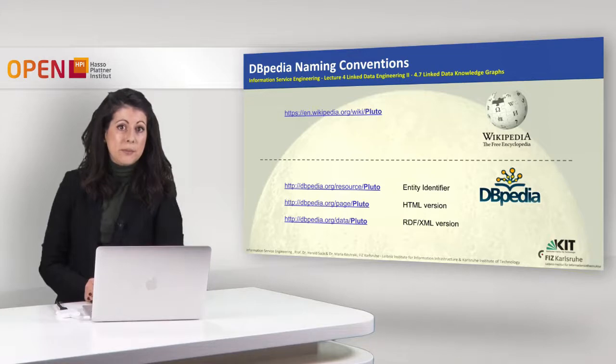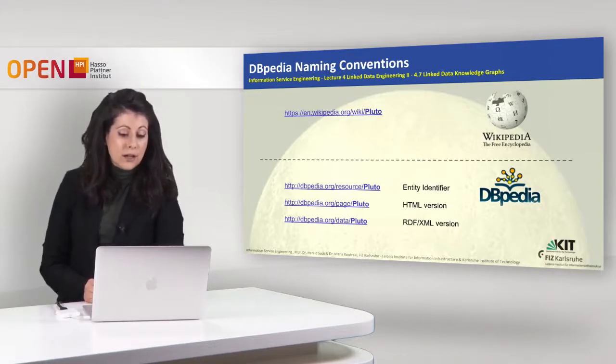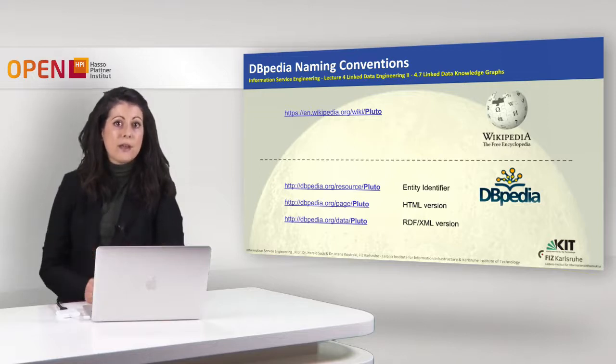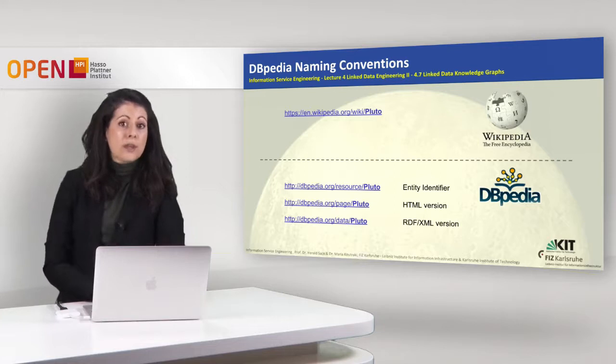What the people at DBpedia did was take the last component of this URL, which is actually the name of the page, and according to that, they built the URI of the entity Pluto in DBpedia, as you see here, also the link to the HTML version of Pluto in DBpedia, and the link to the RDF/XML version.